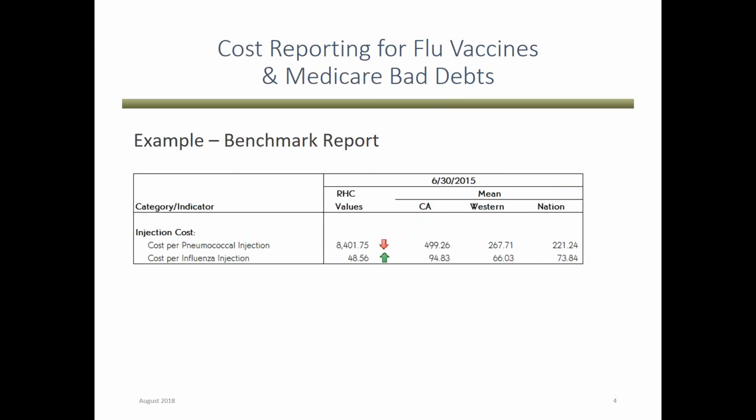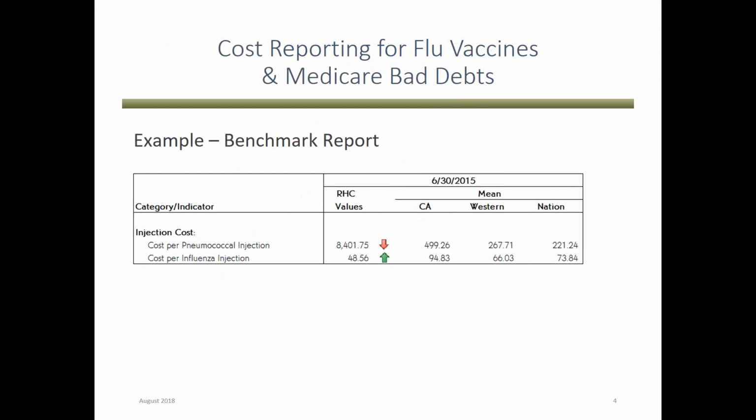This screen is just an example from a benchmark report. All of the cost reports are submitted to CMS, and we are able to download some of that information. You should always be looking at the cost of your vaccines on the M series of the cost report.